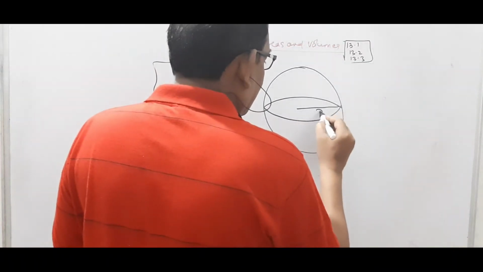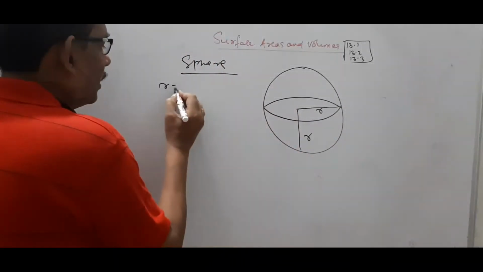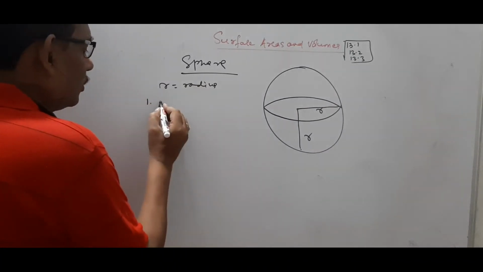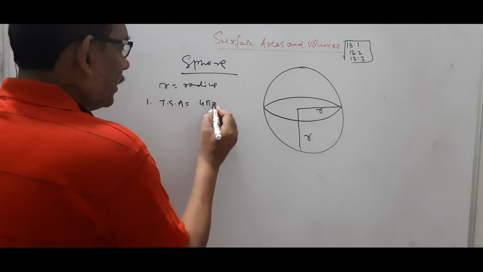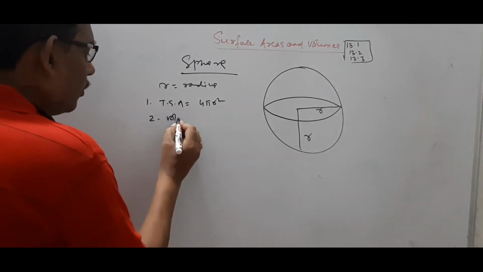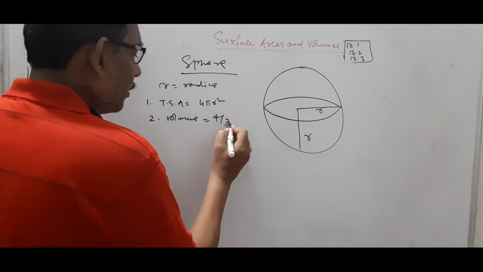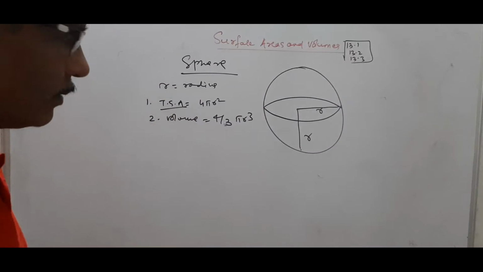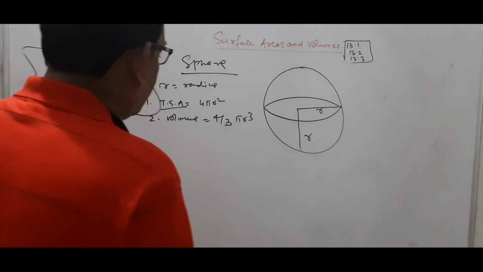The radius is r. So total surface area is 4 pi r square. Volume is 4/3 pi r cube. TSA stands for total surface area. This is all about your sphere.